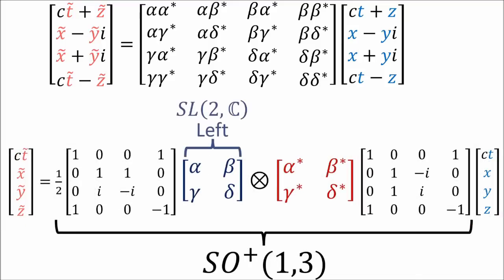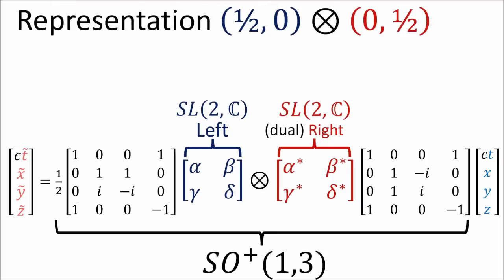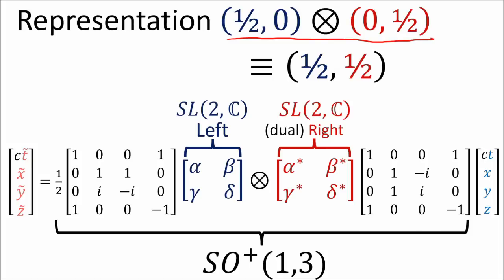So when we tensor the left spinor and right spinor representations of SL2C together, we really do get a 4x4 Lorentz group representation which transforms 4D spacetime vectors. So the tensor product of the left spinor representation and the right spinor representation really does give us the vector representation.